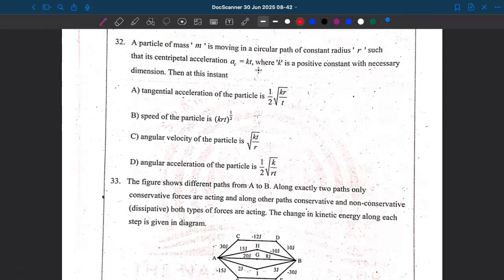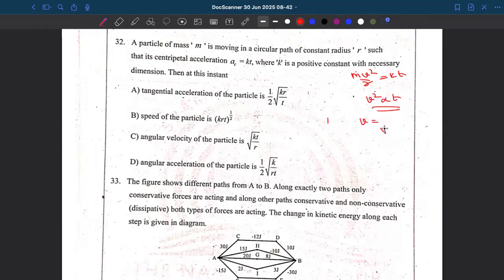Acceleration as a function of time, 1 minute. That is centripetal acceleration. AC is equal to KT. So mv square by R is KT. V square is proportional to T. That is the constant. Okay, no issues.